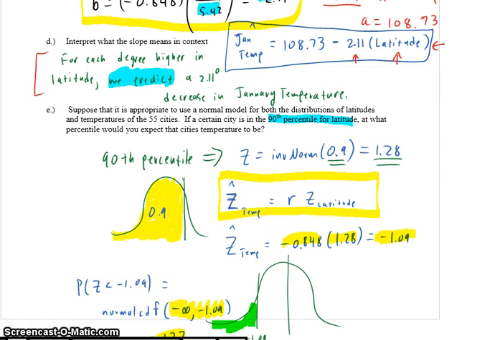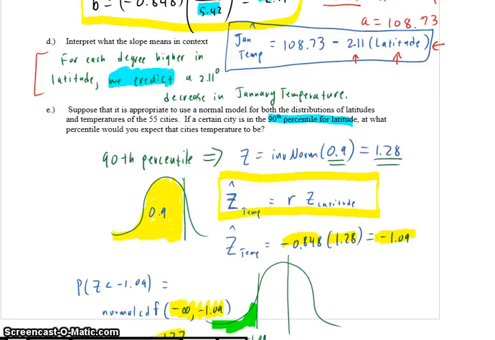All right. Letter E says, suppose that it is appropriate to use a normal model for both distributions of latitudes and temperatures of the 55 cities. If a certain city is in the 90th percentile for latitude, what percentile would you expect that city's temperature to be in? Okay, so first of all, let's think about what we need to do.